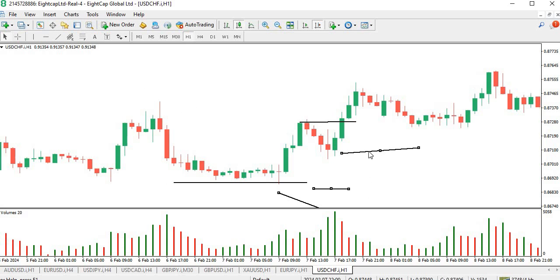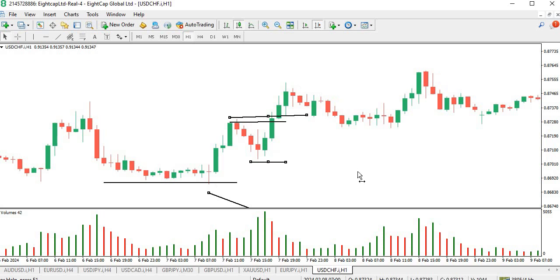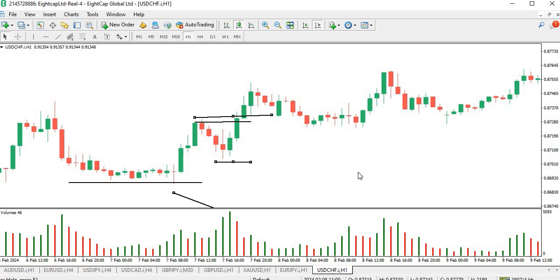And let's say we would have taken the entry at this area. Then we should have placed our stop loss below the handle area, which is less likely to be triggered in all cases. This pattern is tested by most professionals, and almost 80% of the time it works extremely well. So now the question is how much profit we will target for this pattern.